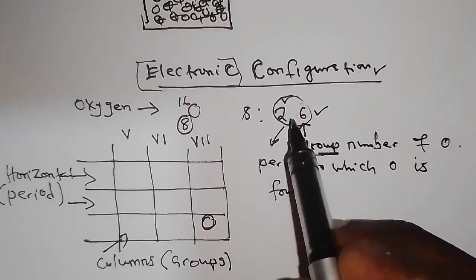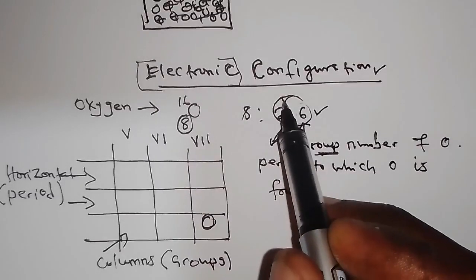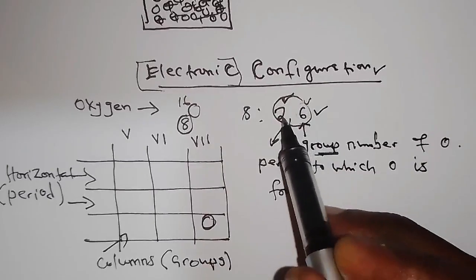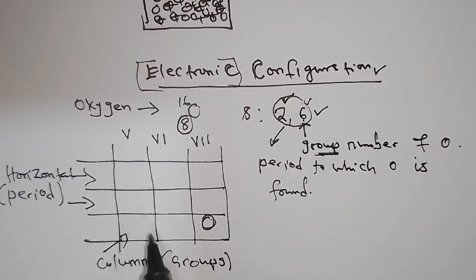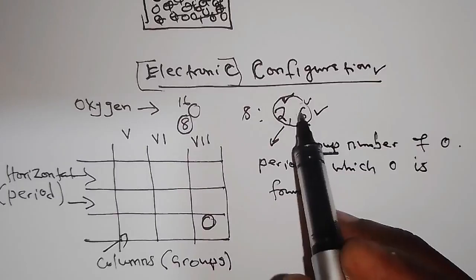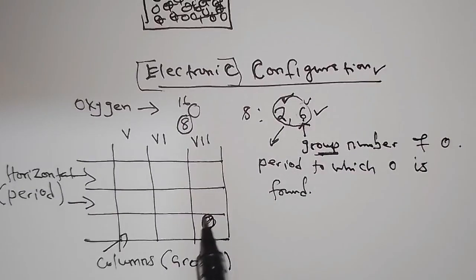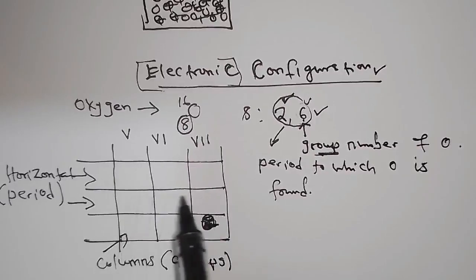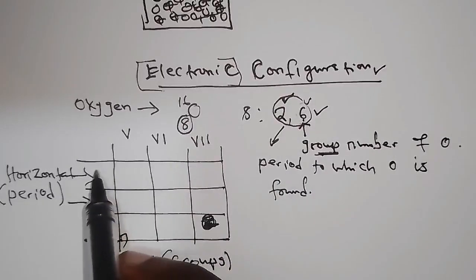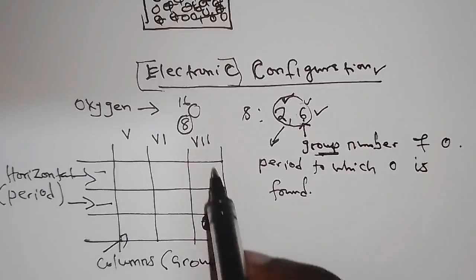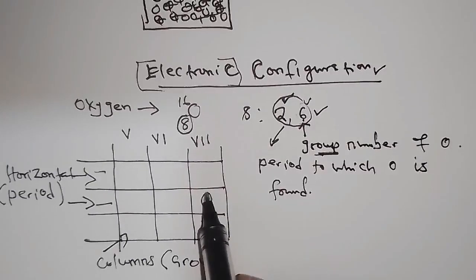And then these partitions, they are 2, meaning 2 and 6. So oxygen is found in period 2. In fact, it's supposed to be here. So period 2, we mean 1, 2, then group 6. So it's going to be here.